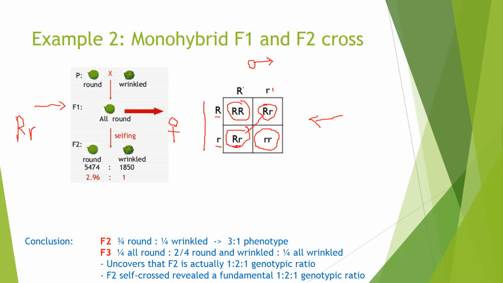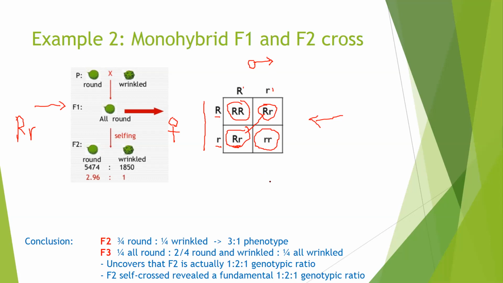Because this progeny gets a lowercase r from the female parent, but a capital R allele from the male parent. But for this possible outcome, this progeny gets a capital R allele from the female parent, but a lowercase r allele from the male.